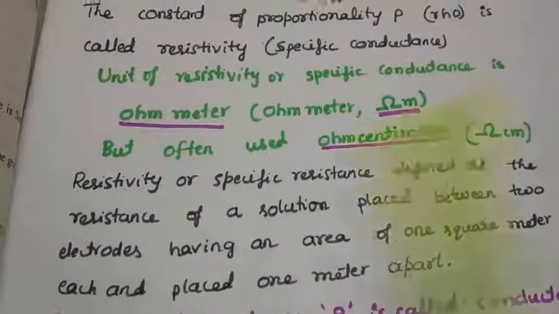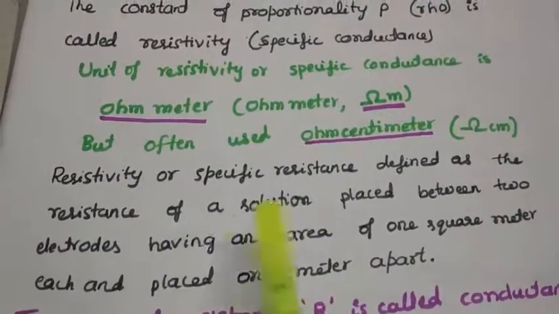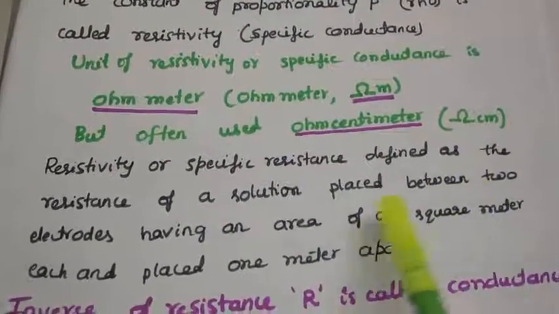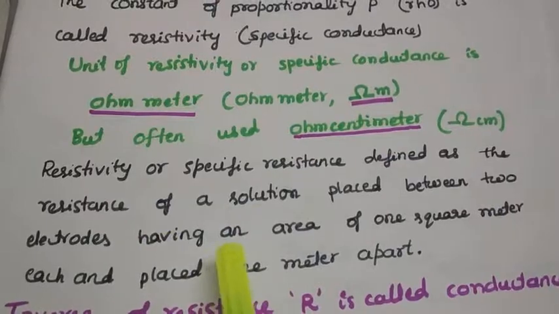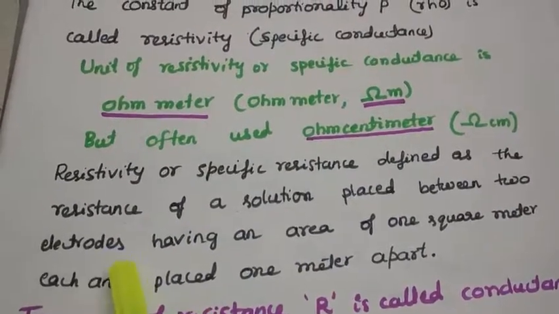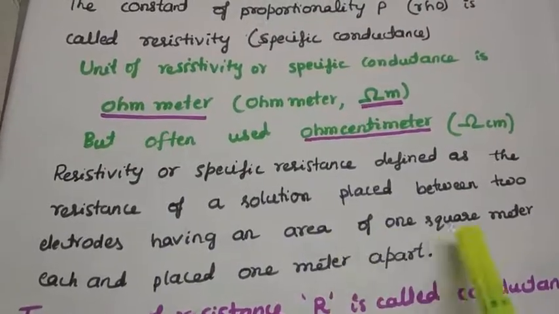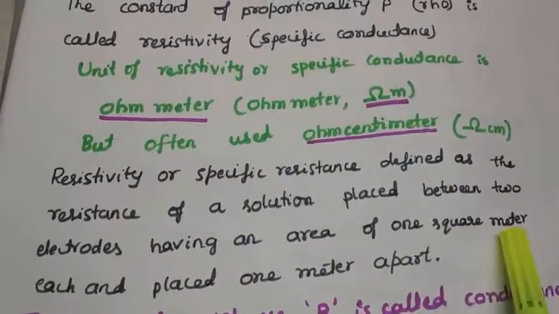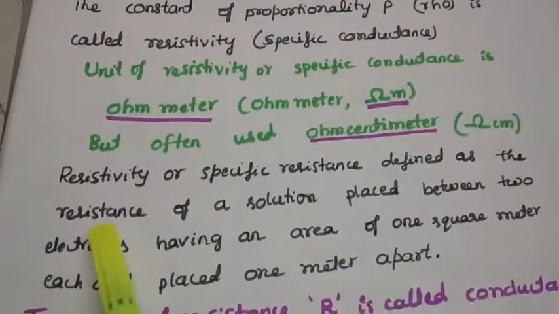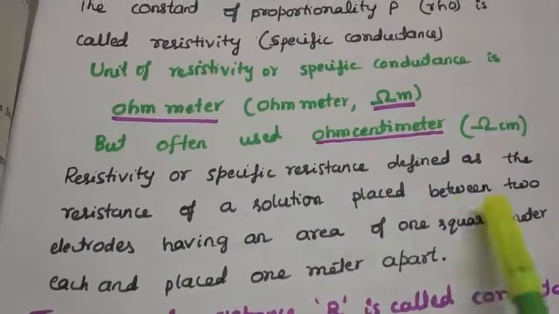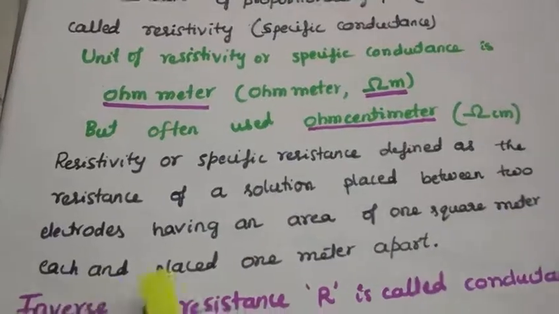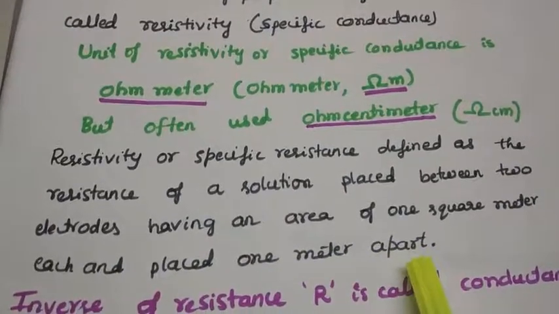So when two electrodes are placed at a distance of 1 meter, and the electrodes have an area of cross section of 1 square meter, the resistance of the solution is the resistivity.